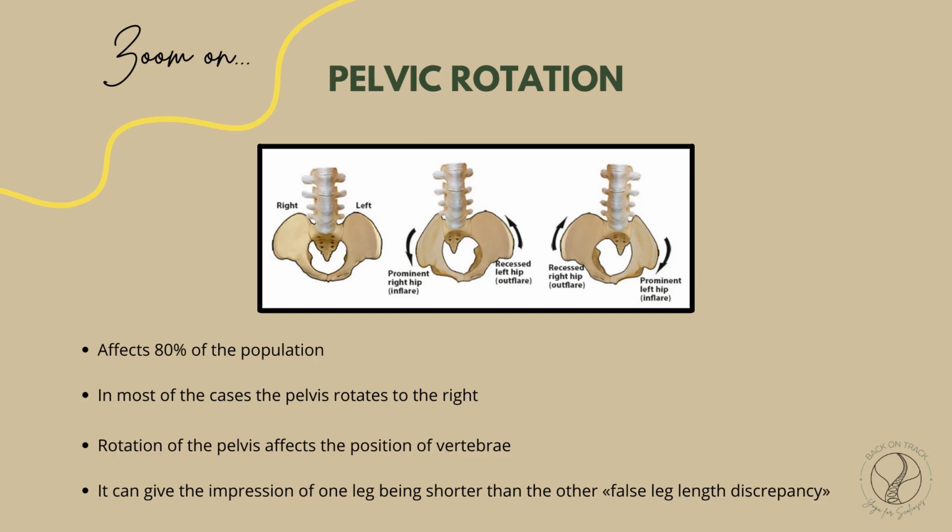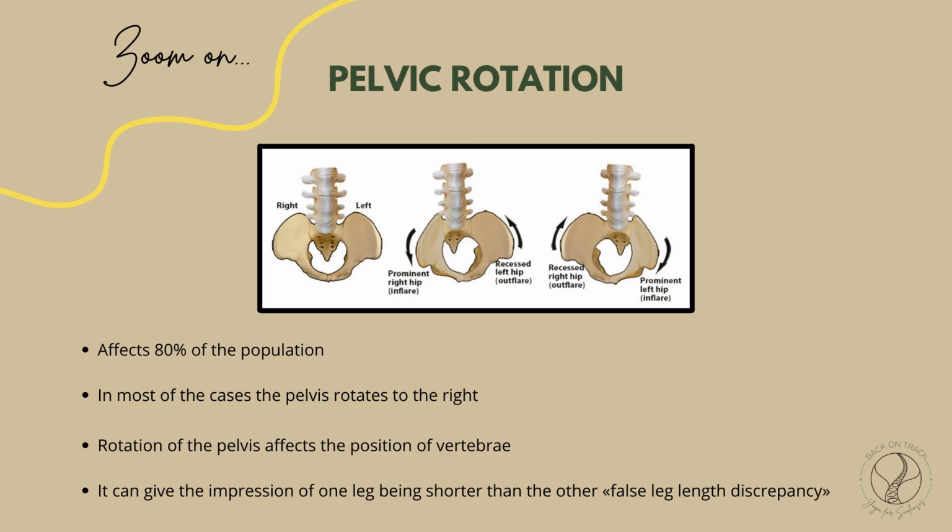The sacrum will drag the last lumbar vertebra, which will in turn drag the next vertebra, and so on. And so you will have both a curve to the left in the lumbar spine and a rotation of the vertebra. To compensate, the body will create a second curve with rotation in the opposite direction to try to find some balance between the head and the sacrum.